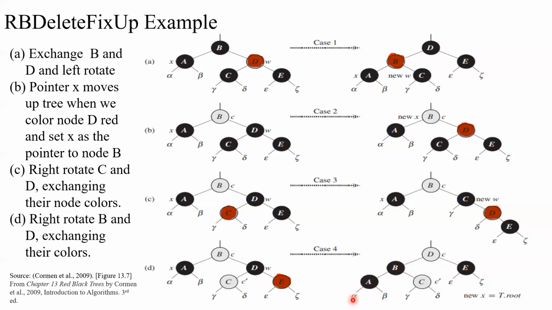We also need to keep in mind that alpha, beta, gamma, delta, epsilon all have to have the same black height throughout all the different cases. We're trying to get them so that they are equal in black height.